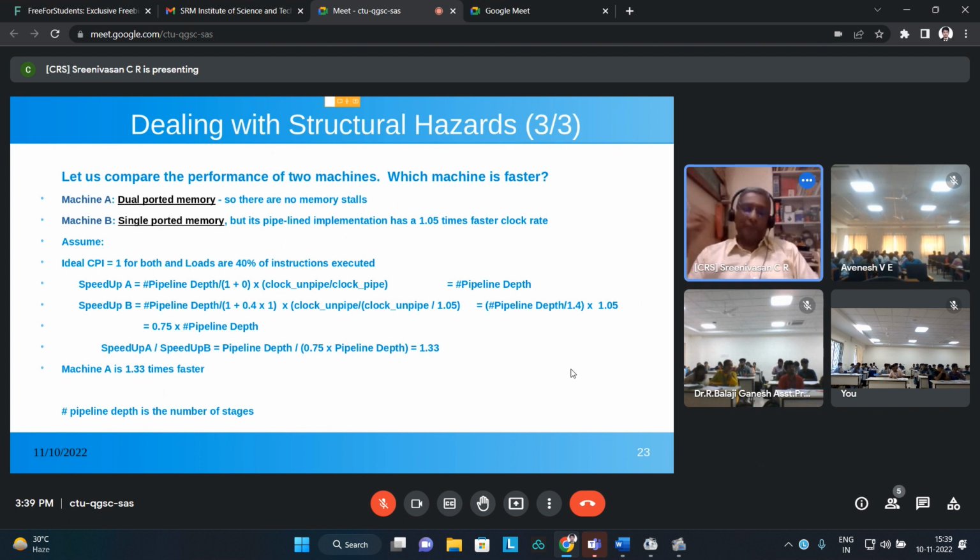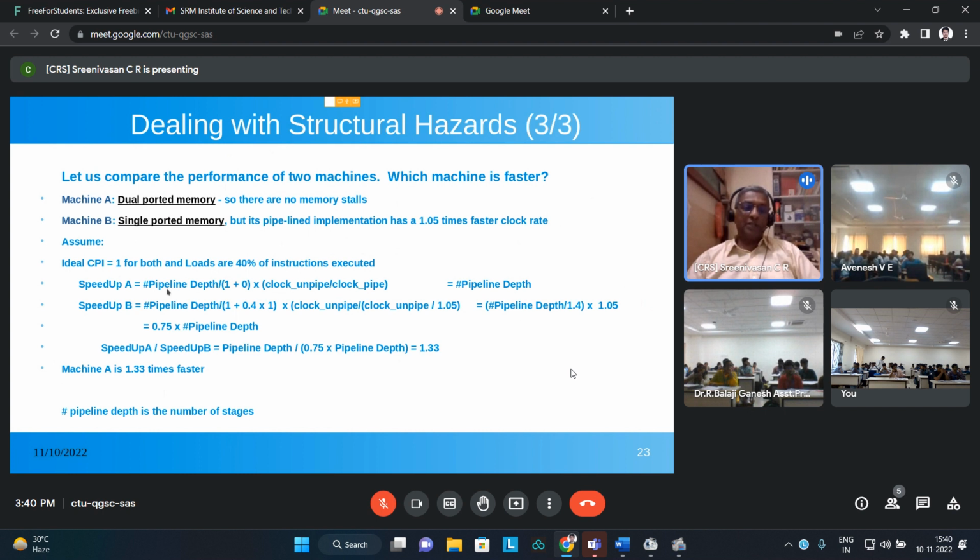Not necessarily, right? So let's assume that the cycles per instruction is 1 for both situations, and loads are 40% of instructions executed.